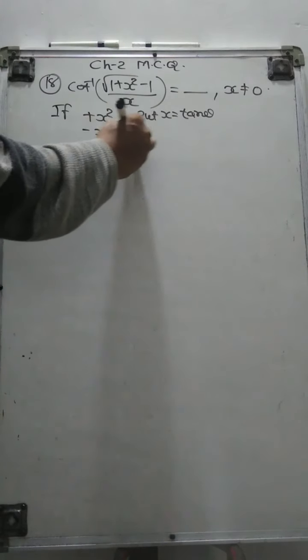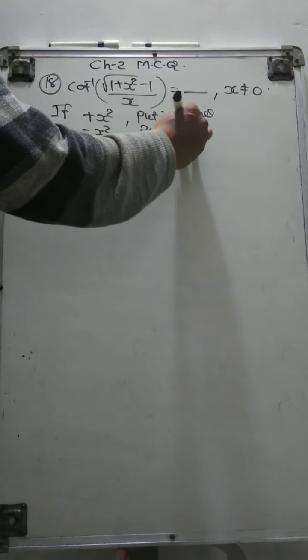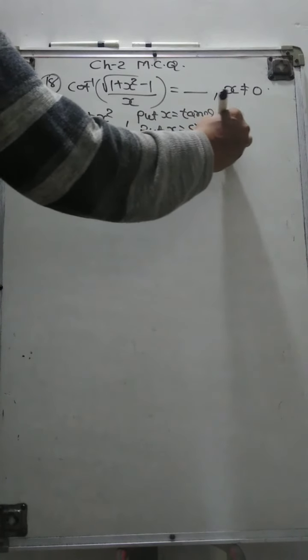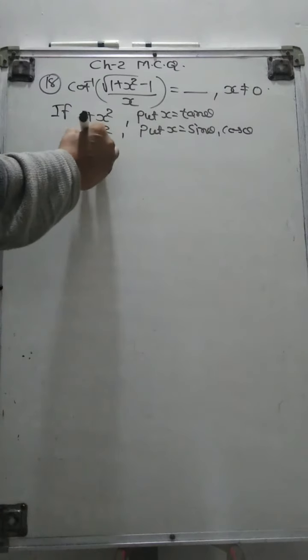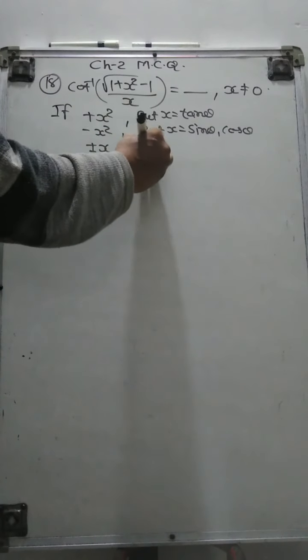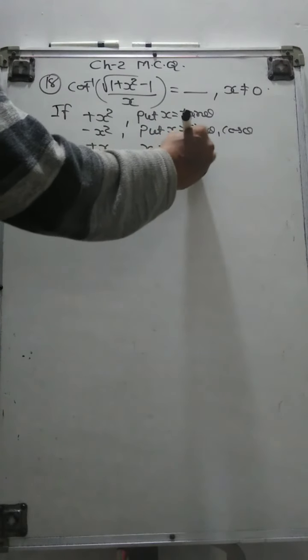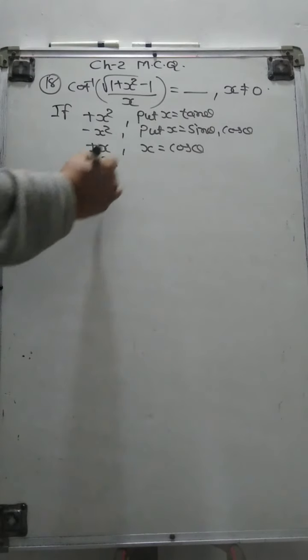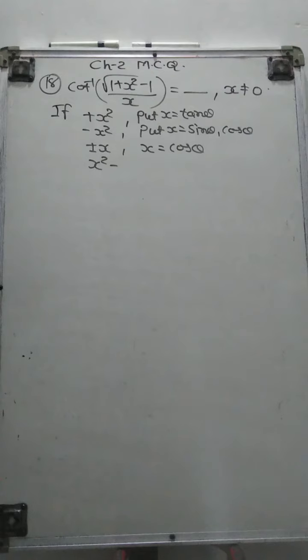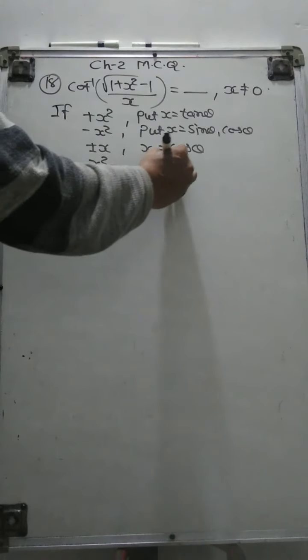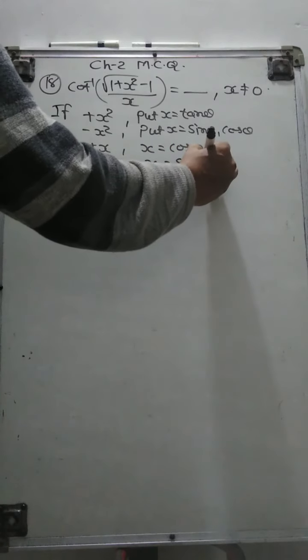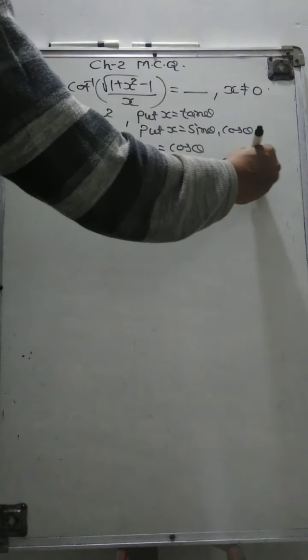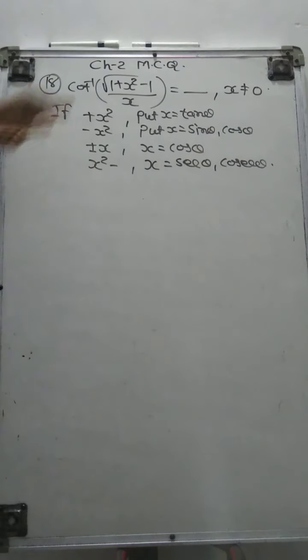Minus x square is there, put x equal to sin theta or cos theta, and plus or minus x is there, then x equal to cos theta you must put. If x square minus is given beside the x square, then x equal to sec theta or cosec theta, right? So this way if you assume, then you can easily find out the answer.